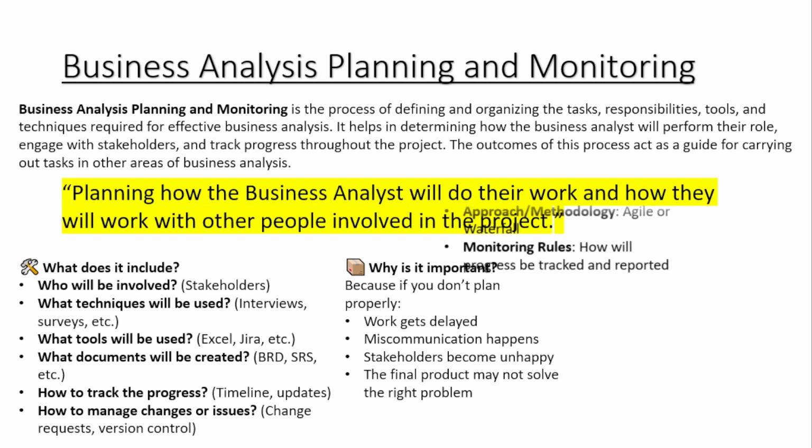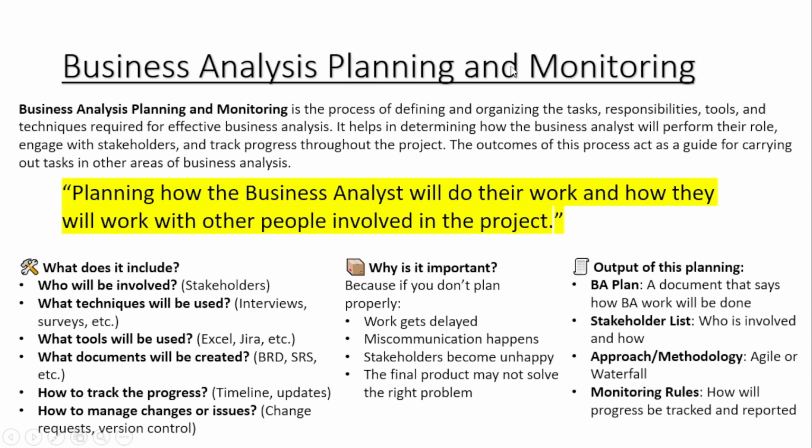So what is the output of this knowledge area? First, a clear business analysis plan, then a stakeholder list, who is involved and how they will be engaged. In the upcoming classes we are also going to talk about some of the metrics that those working as business analysts right now have heard about.